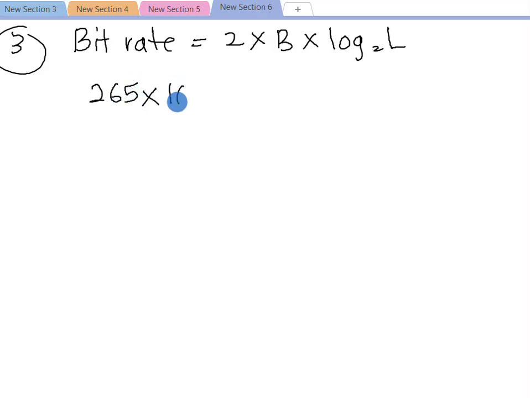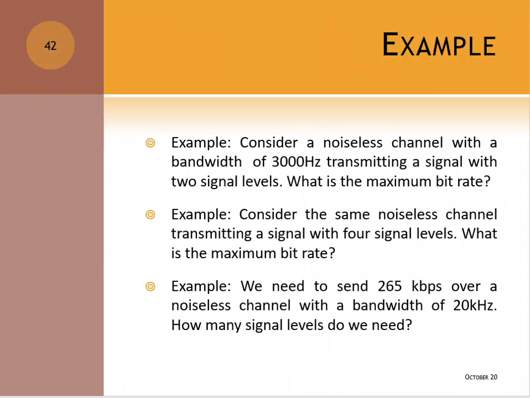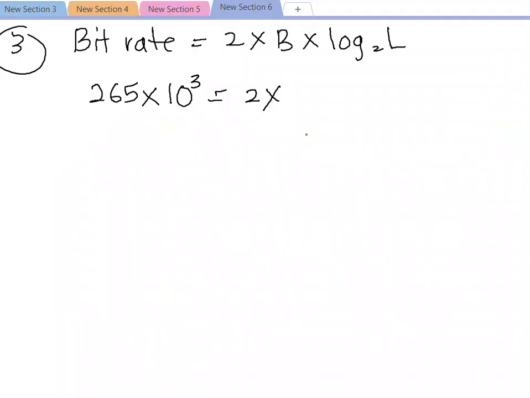So I change it to this form. Okay, then times with the bandwidth is 20 kilo, times log 2 L. So I can write it in this way.